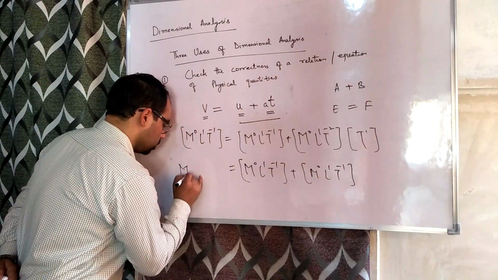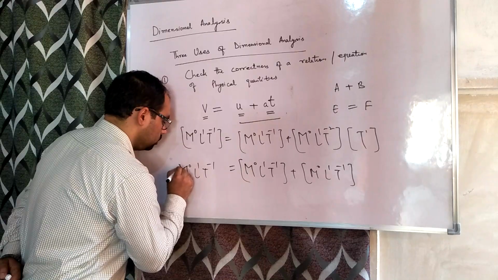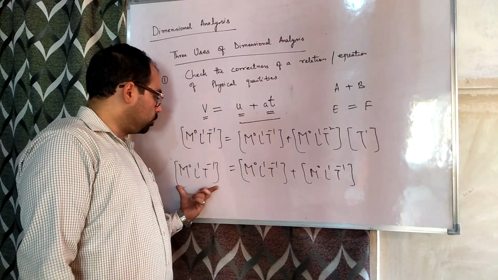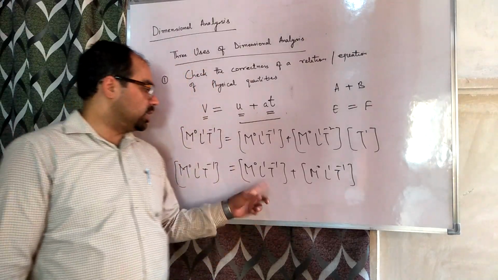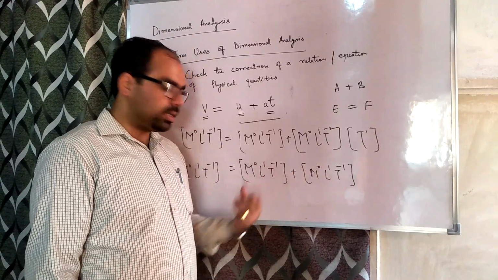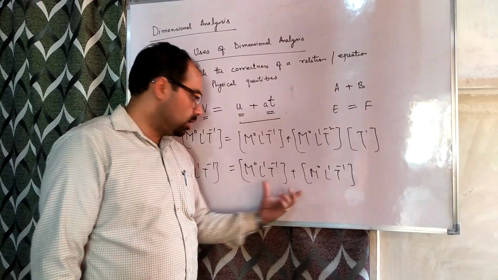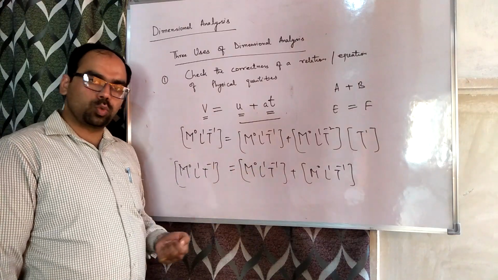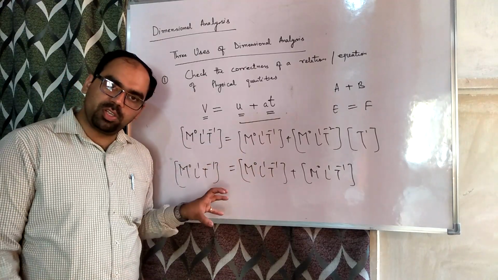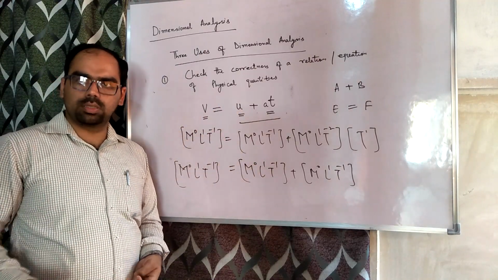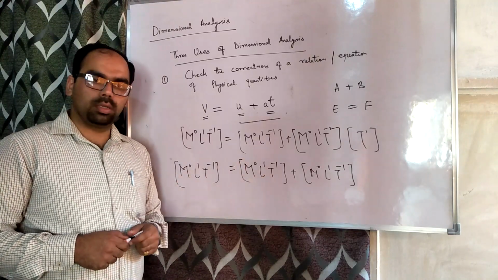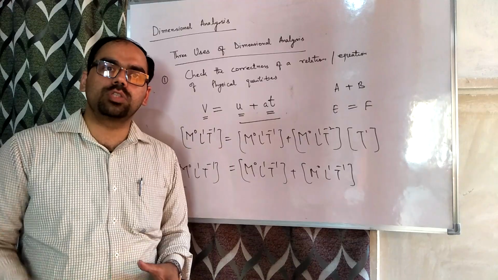Now look at the equation. This is what your principle of homogeneity says. This should be equal to the whole of this. Firstly, these two are the same, and by the principle of homogeneity, this part is correct. These two are m0, l1, t minus 1, so this is also m0, l1, t minus 1. So according to your principle of homogeneity, this very popular equation of motion is true as per our correctness check. So this was the first use of dimensional analysis.